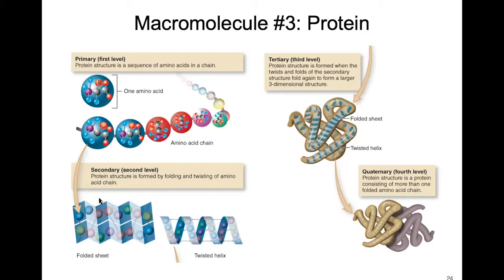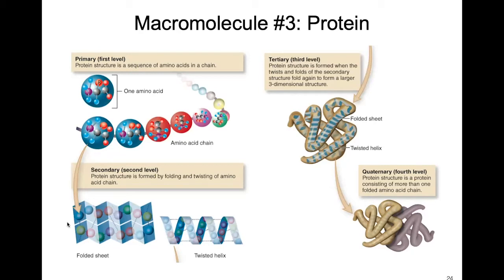Okay, so this secondary structure, either the folded sheets or the twisted helix, is the next thing that's going to happen to give this protein its shape and ultimately define its function. Okay, so really it comes down to how there are 20 different amino acids and how they are all lined up in a row. That's going to determine how this protein is ultimately going to fold and then fold further to create its final protein structure and therefore its function.